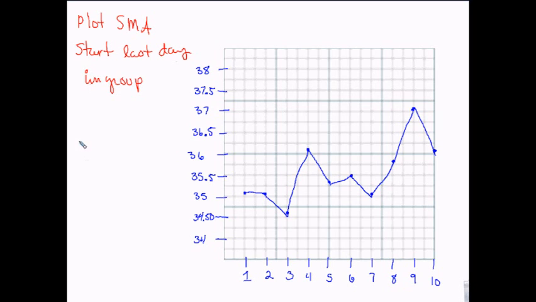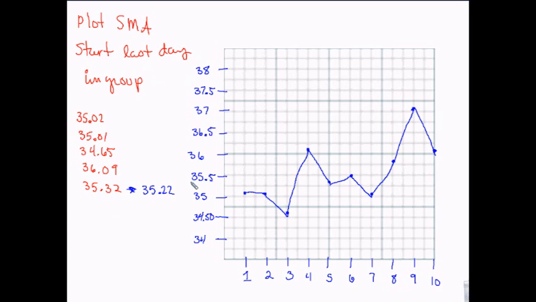So if you look at that list, 3502, 3501, 3465, 3609, and 3532, that was the first 5 days. The simple moving average starts here on day 5, and that was 35.22. So you don't start plotting at day 1, you start plotting at the last day in the first group. Does that make sense?